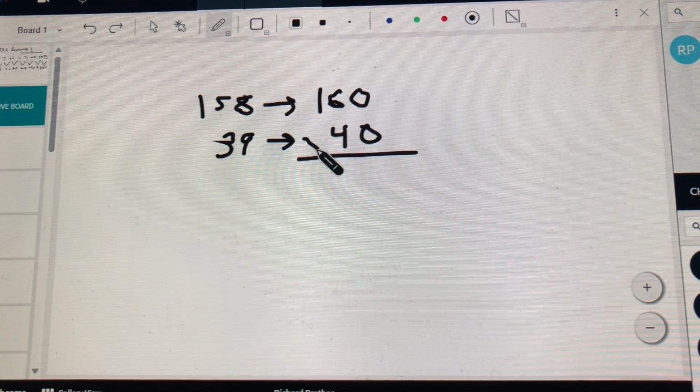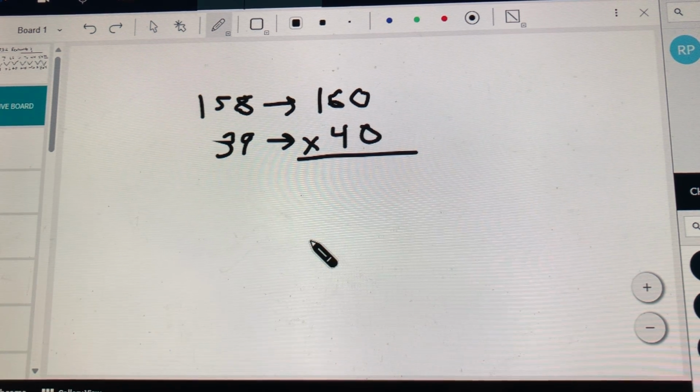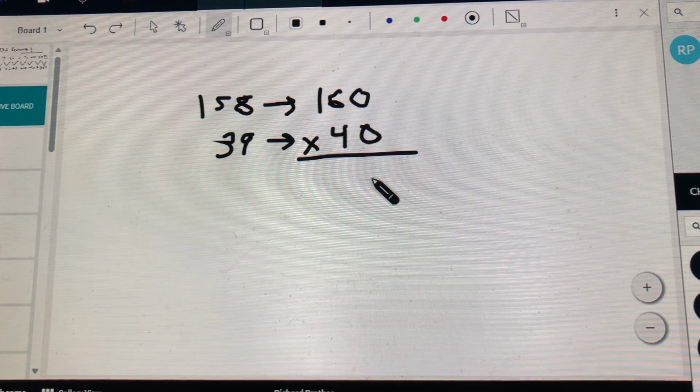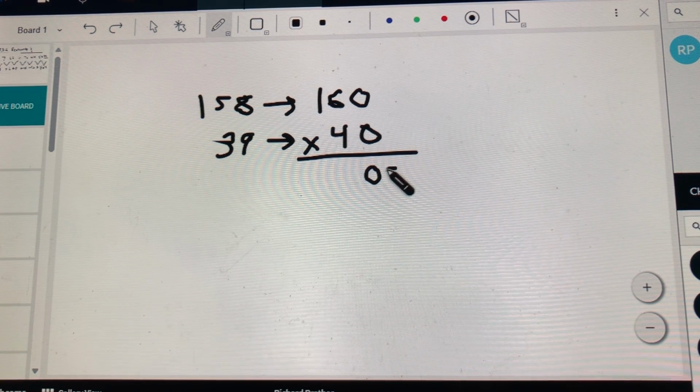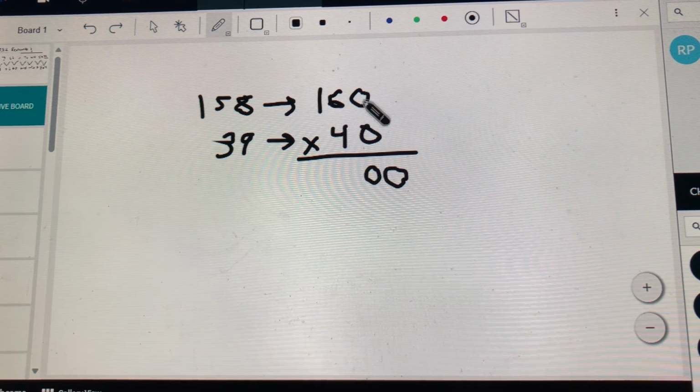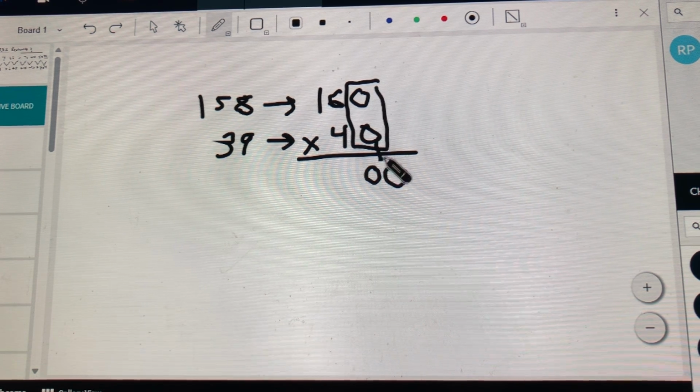If I multiply this, it's a little bit easier than the original numbers, which are really hard to multiply without a calculator. If there are numbers that end with zeros and you're multiplying, those zeros just go on to the end of the answer. So I can ignore these 2 zeros and just put them on the end of the answer.